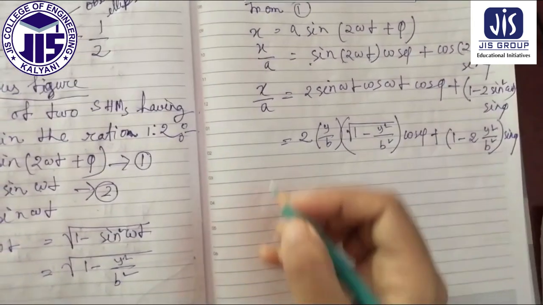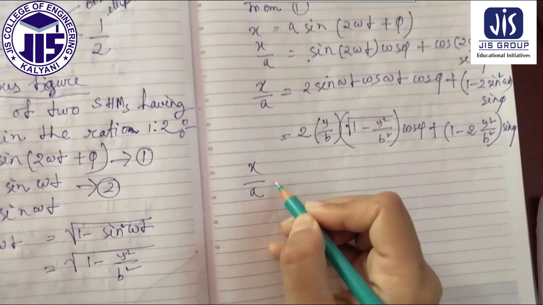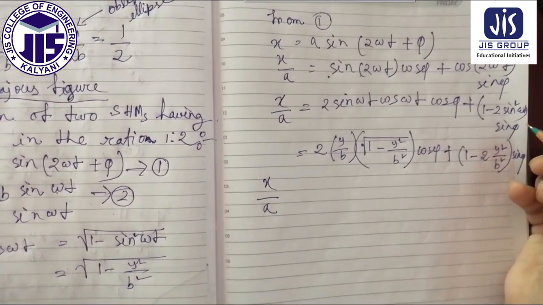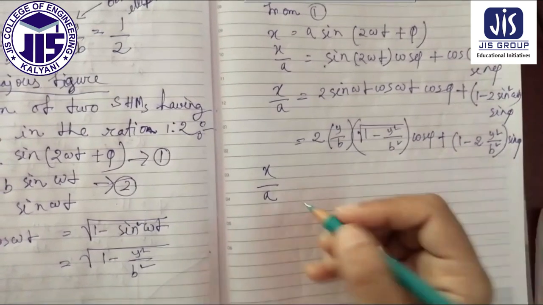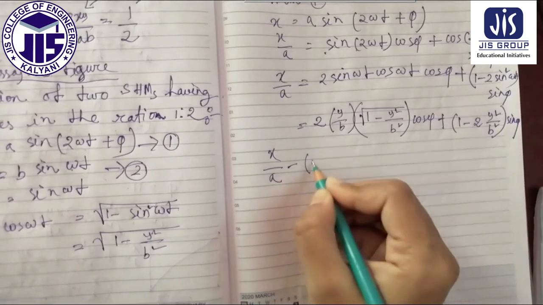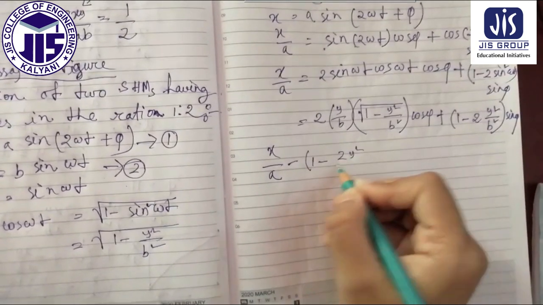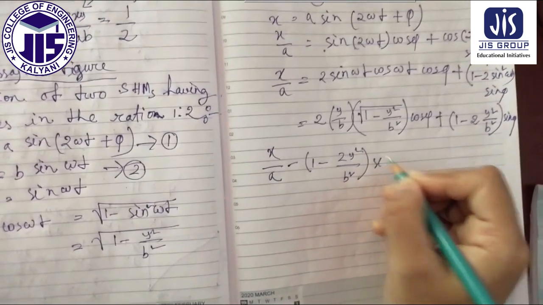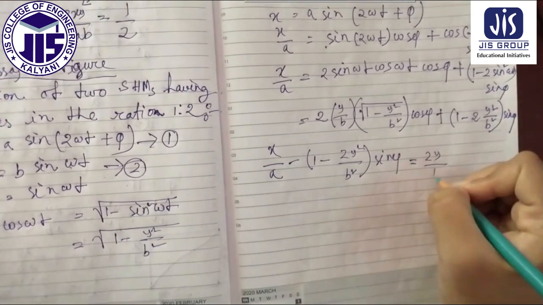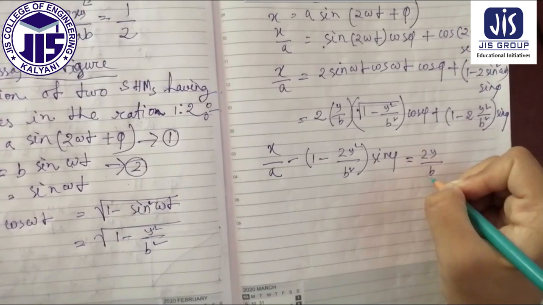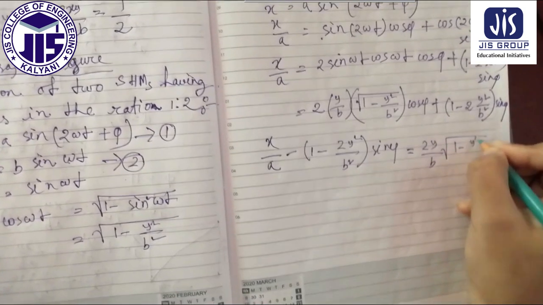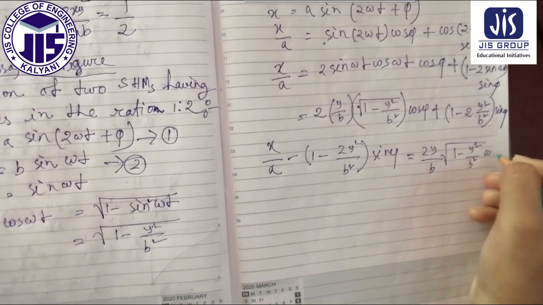Therefore x by a. Finally we can write here x by a minus 1 minus 2y square by b square sin phi is equal to 2y by b into root over of 1 minus y square by b square cos phi.